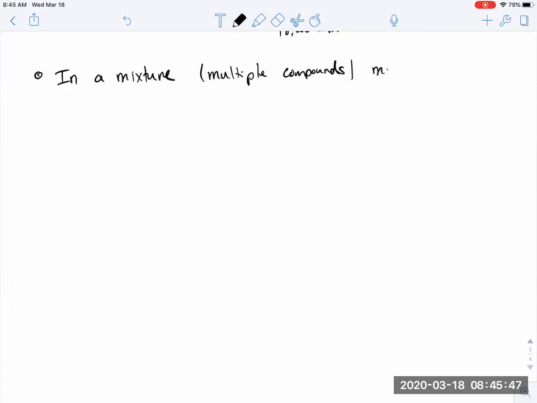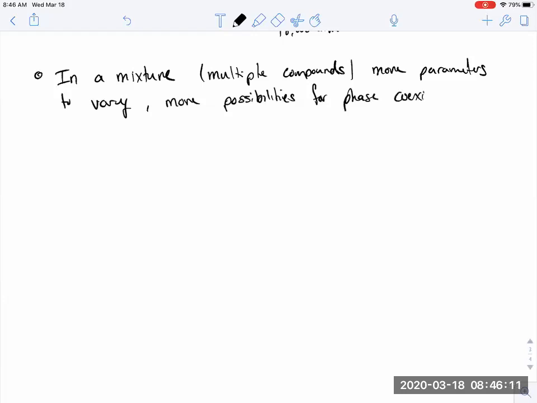We have more parameters to vary, and therefore more possibilities for phase coexistence. There are still basic things we could say, basic constraints that thermodynamics applies.